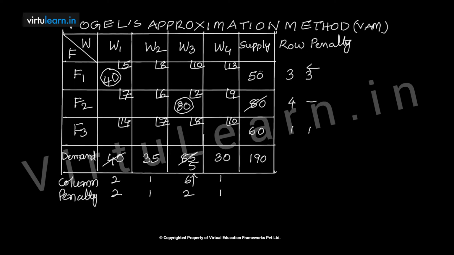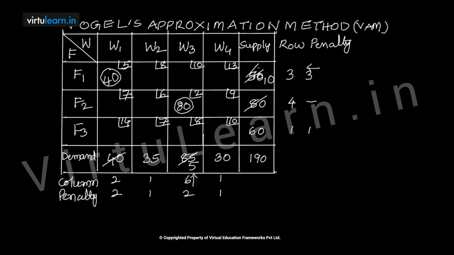But here in 50 units, what we need to see is out of 50 we have only 10 units left, because 40 are allocated to that F1 W1. So now this is complete.